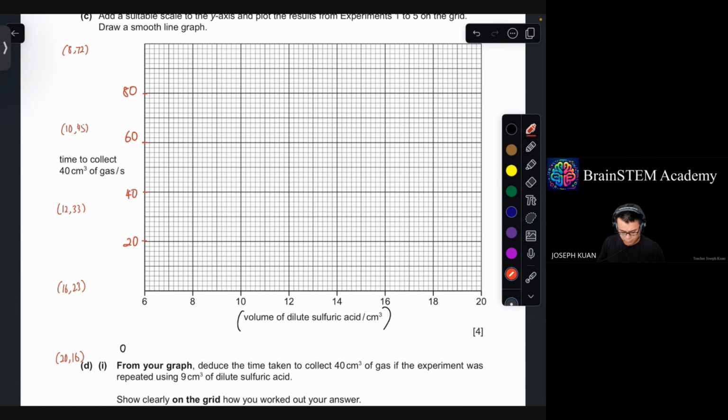Okay, first graph 8 to 72. Second is 10 to 45. Next is 12 to 33. Next is 16 to 23.